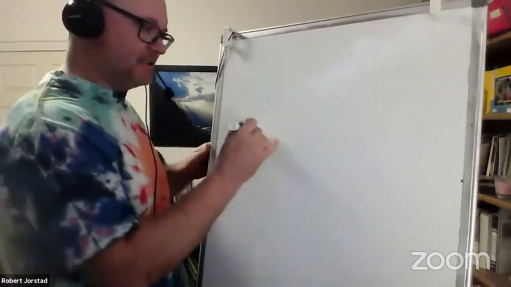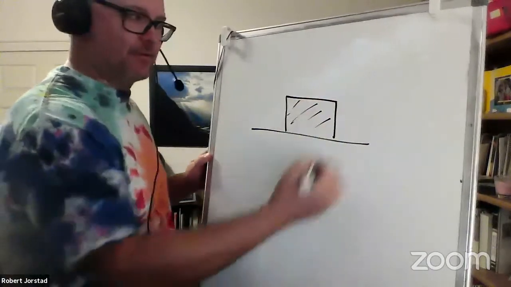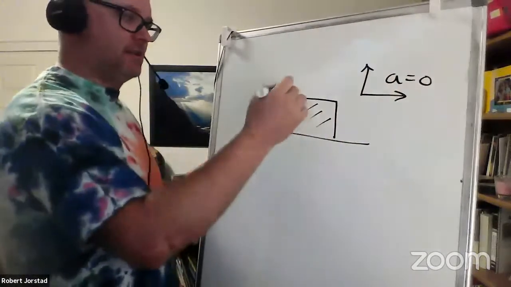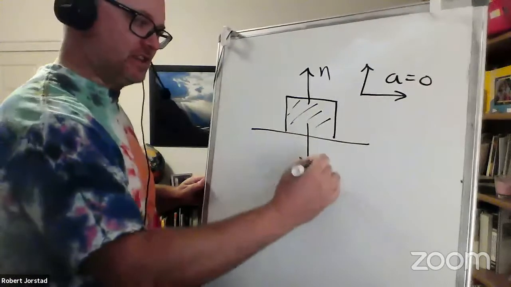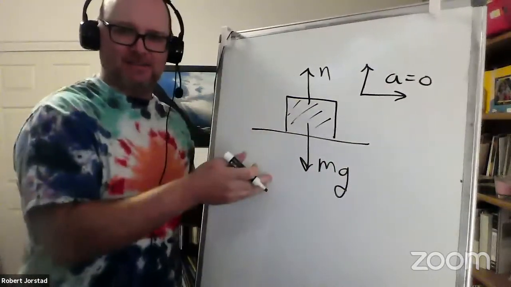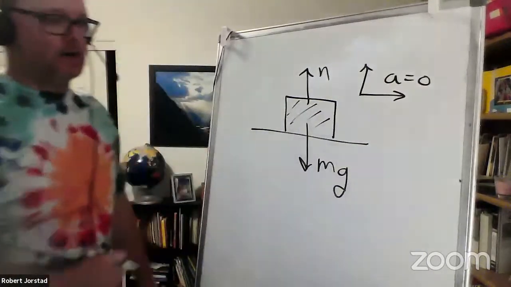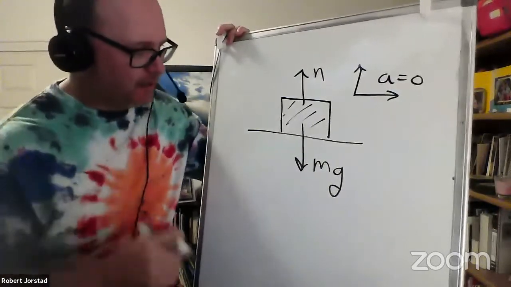We get lulled into a false sense of security when you have a block sitting here at rest. In this situation, a equals 0, there'd be a normal force this way and an mg this way. In this particular case, they're equal and opposite, but they're not action reaction pairs. So, all right.